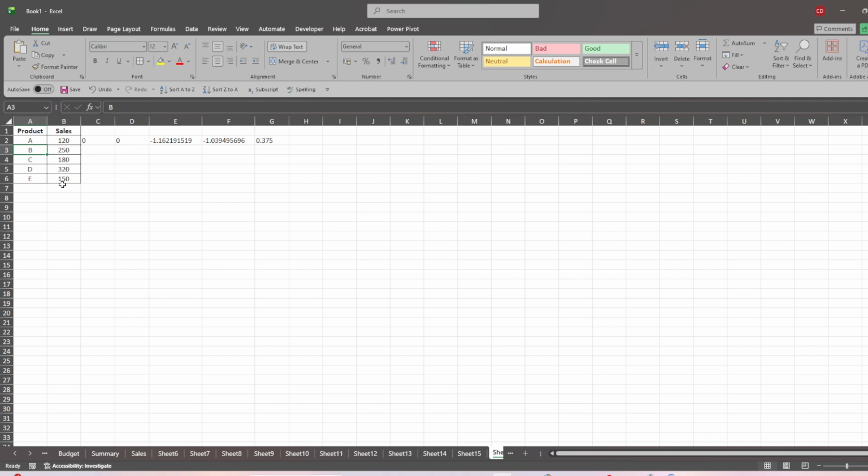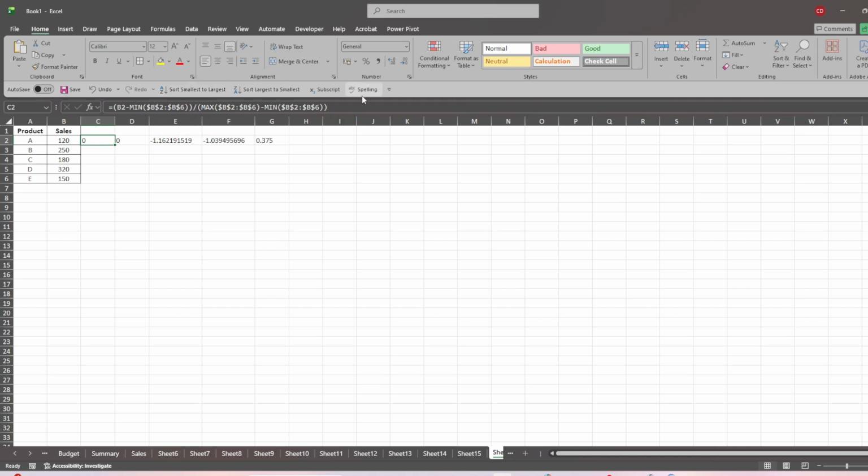The first method is min-max normalization, which scales values between 0 and 1. If your data is in B2 through B6, click cell C2 and enter this formula. Equals open parenthesis B2 minus min of absolute B2 through B6, close parenthesis, divided by open parenthesis max of absolute B2 through B6 minus min of absolute B2 through B6, close parenthesis.